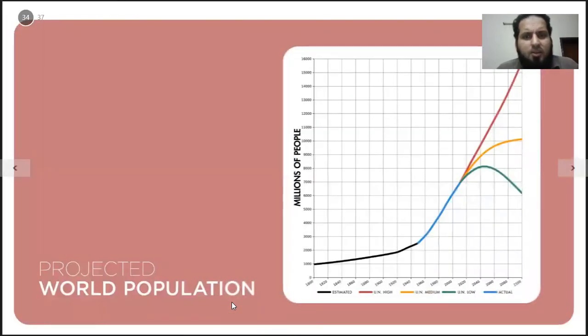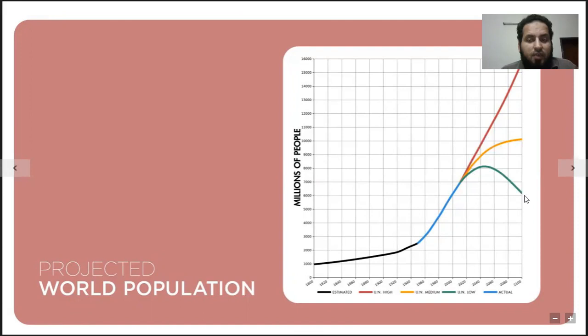These are three projected scenarios: if the population grows with the same rate, it will be around 14 or 16 billion with this red line. If we stop or we decrease the TFR, total fertility rate, then it will be a little bit stable around 10 billion. Or what is happening in the Western world countries, if we reduce it further, then it could even be less in the future than what it is today in the world.